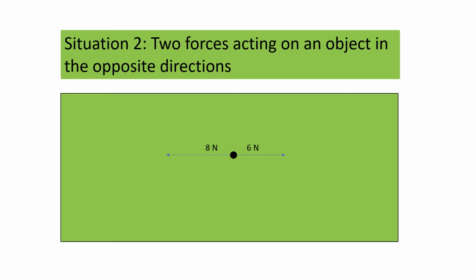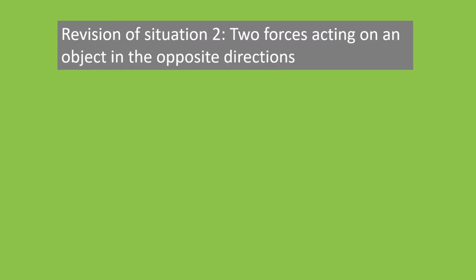So my question to you is, what is the resultant force now? Ta-da! This is the answer. Our resultant force right now is just 2 Newton, because 8 Newton minus 6 Newton is equal to 2 Newton. So the resultant force is now 2 Newton acting to the left.